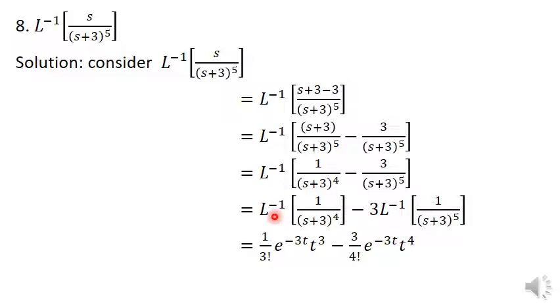Here we use the shifting property of Laplace transform, that is, L inverse of 1 over (s plus 3) raised to the power of 4 is nothing but e raised to the power of minus 3t (a is 3 here), that is e to the minus at, into t cube by 3 factorial, minus 3 into inverse Laplace transform of 1 over (s plus 3) raised to the power of 5, which is e raised to the power of minus 3t into inverse Laplace transform of 1 over s raised to the power of 5, that is t power 4 by 4 factorial.